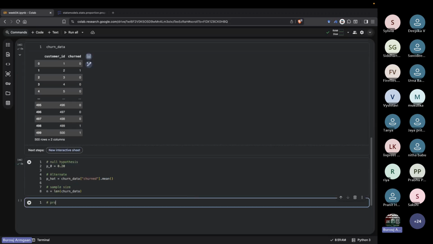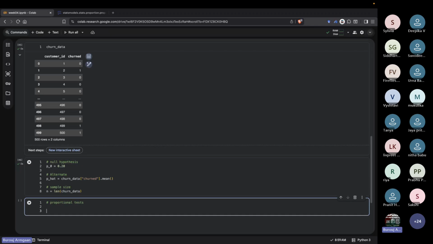Whenever we go for these proportion tests, there is always a check involved. That is, n times p and n times 1 minus p, both of these should be greater than or equal to 5. This is essentially your test for normality.